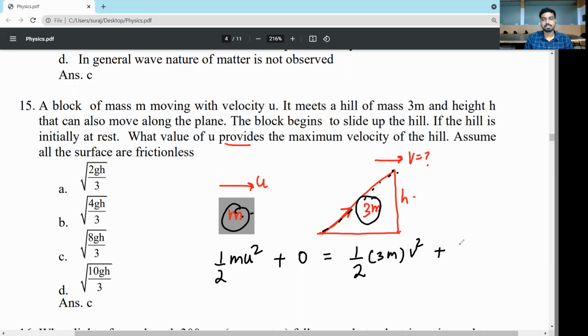I can add potential energy, plus m g h, plus half m v square. And m will get cancelled. I can write 2 divided by 2. So 4. So all these 2 will get cancelled.